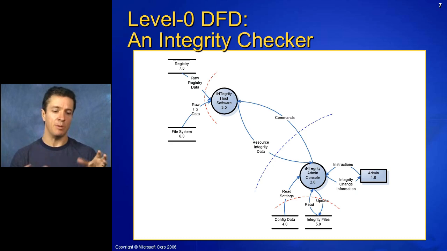So there's a trust boundary there because it's a network division. So you don't know what's on the other end. You just don't trust the other side. There's also a trust boundary between 3.0, which is the host integrity software, and the registry and the file system, because that data may potentially have been compromised, and so we don't really trust it.